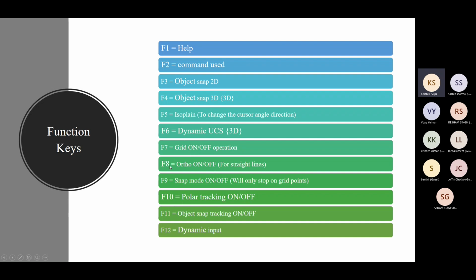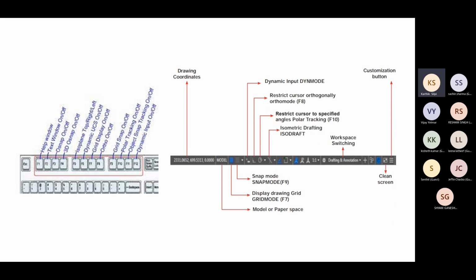All these ortho, snap, and polar tracking can be accessed via DS, that is, drafting settings, in which you have to switch on everything so that it will be useful when you draw the drawing. These are the function keys.